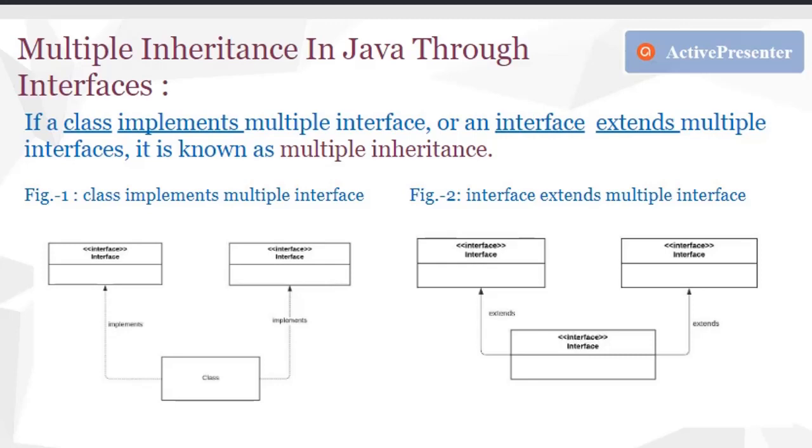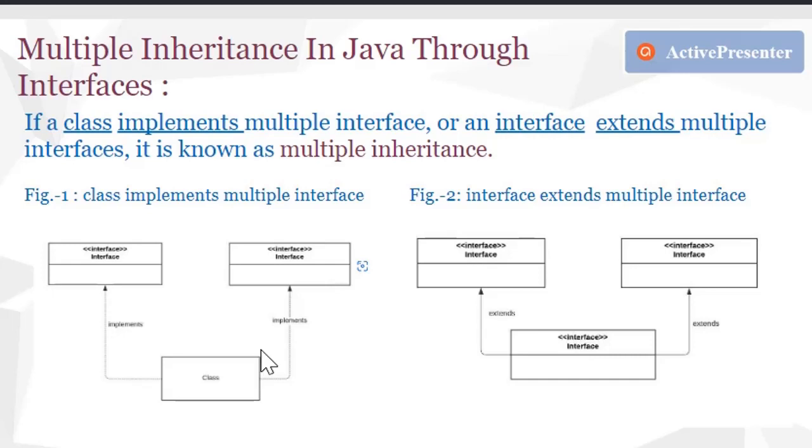Multiple inheritance in Java through interfaces. If a class implements multiple interfaces or an interface extends multiple interfaces, it is known as multiple inheritance. Here you can see this is a class.